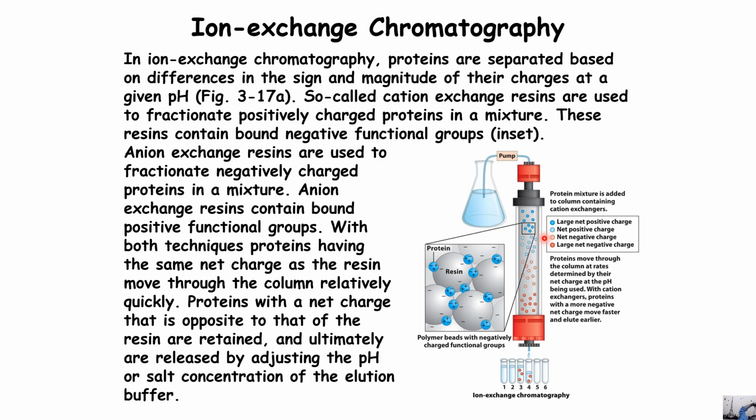Now proteins with a net charge that is opposite to that of the resin are retained and ultimately are released by adjusting the pH or salt concentration of the elution buffer. So if it's a negatively charged resin, the positively charged proteins will be retained.